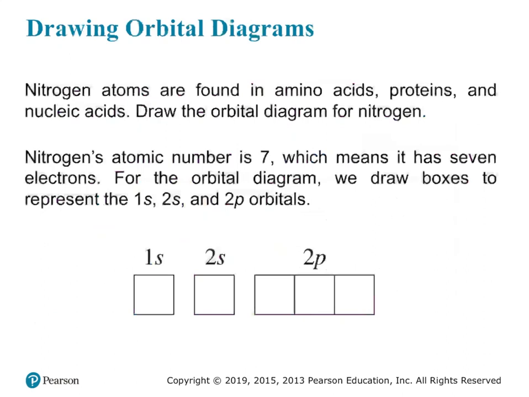Nitrogen's atomic number is 7, which means it has 7 electrons. And down below we have the orbitals for the first 3 sublevels here, so 1s, 2s, and 2p. If you want to try this on your own first, feel free to pause the video and then we'll go over it together.